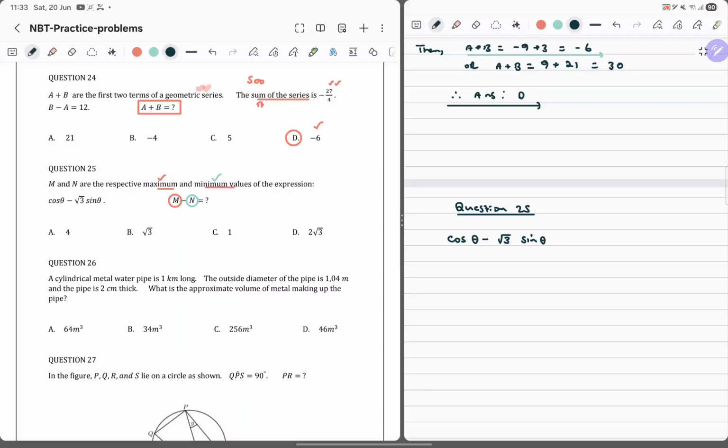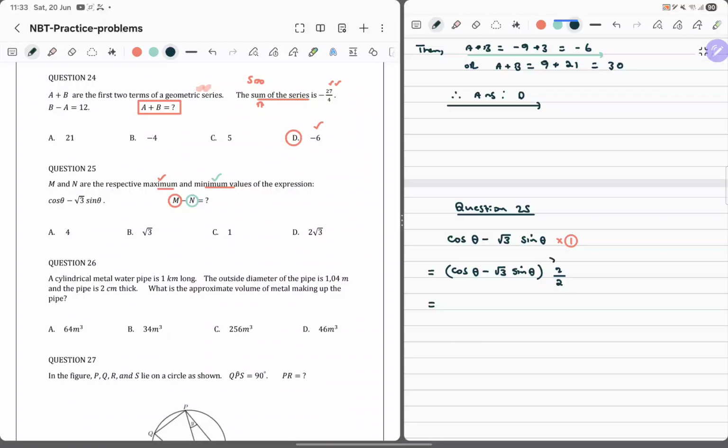Remember, in maths we can multiply by 1, but a magical one. Since we see that we've got special angles, we've got cos theta minus root 3 sine theta. We can multiply this by 2 over 2, right? The reason is to try and introduce a 2 at the denominator so that we can have our special angles.